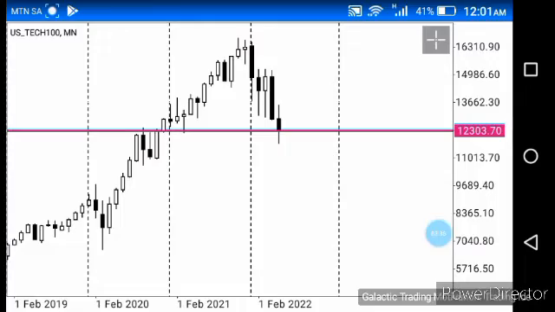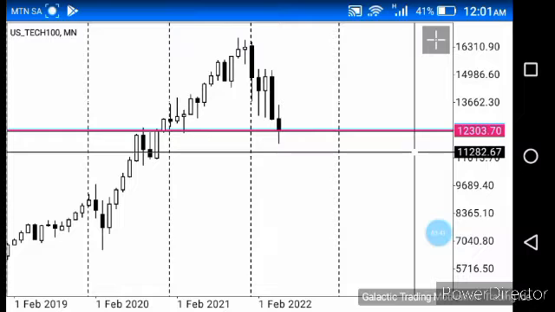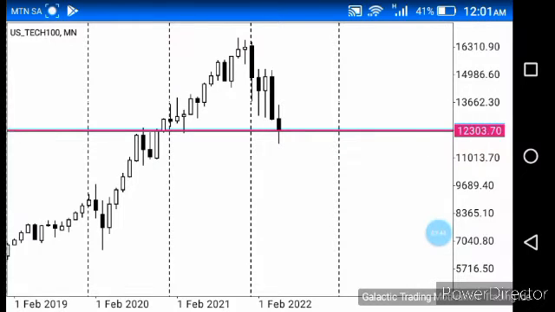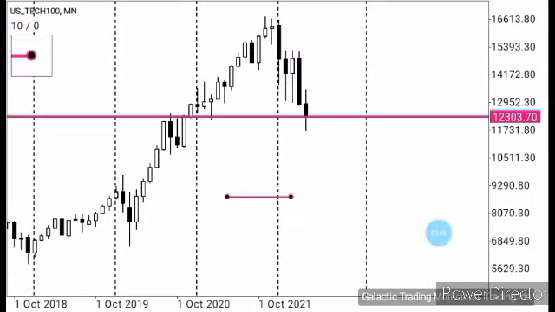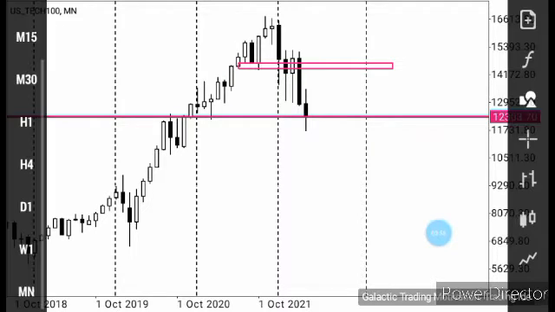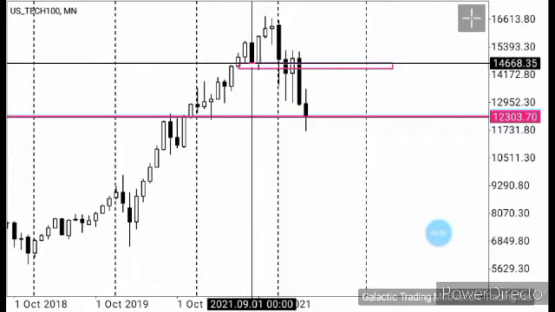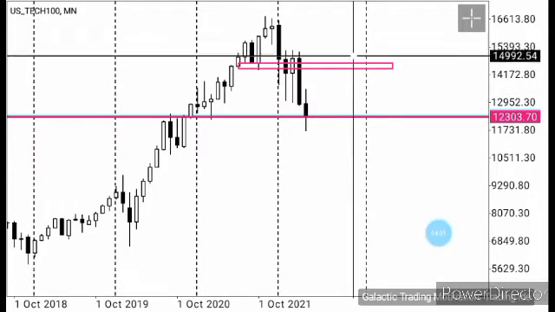So let's continue. I'm just going to add a neckline to the M structure that I just spoke about, so that we don't forget about it. So let's continue.